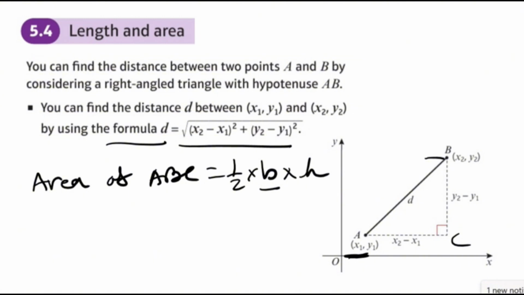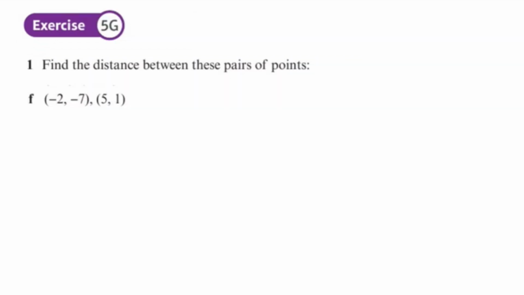Here, the base is equal to x2 minus x1 and the height is equal to y2 minus y1. So by using this formula, we can find the area of a triangle. In this topic, we are going to cover the distance formula and the area of a triangle formula. Let's move to exercise 5G.